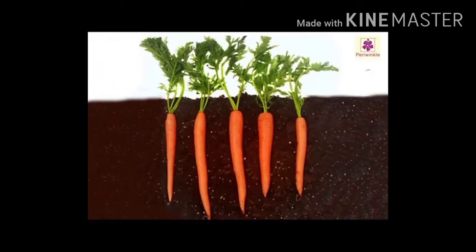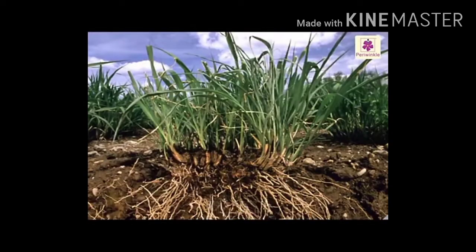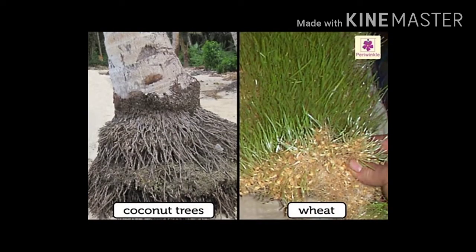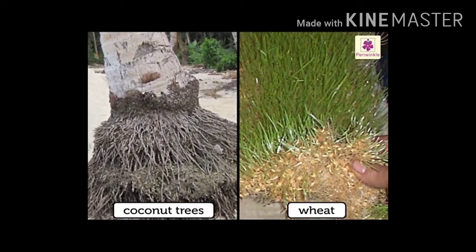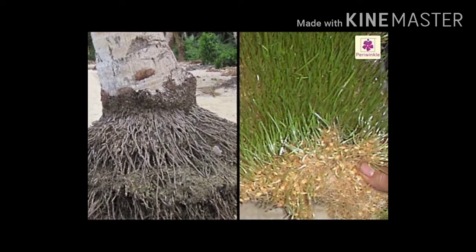These roots grow deep into the soil. Most trees have taproots. Fibrous root. Some plants like grasses, wheat and coconut tree don't have a main root. They have a bunch of small roots. These are called fibrous root.